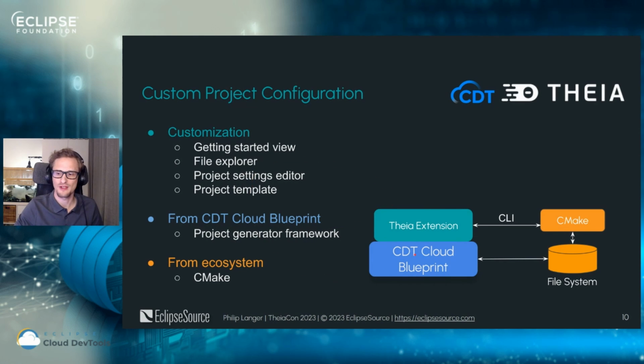So with that, we are already up and running. Of course, what really matters is what is being generated. Here we rely a lot on CMake as a build system to describe how this project is built and so on. We try to reuse as much as possible from the ecosystem, which is obviously typically the best strategy.